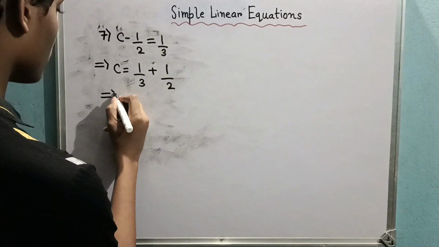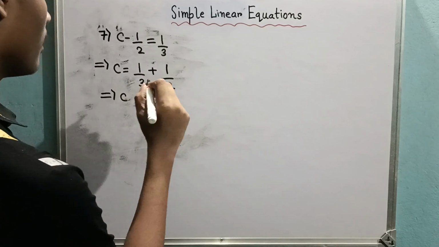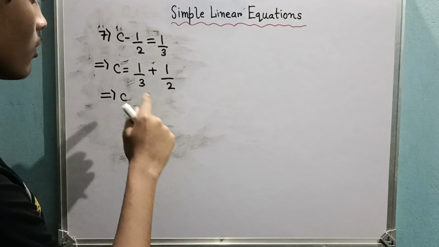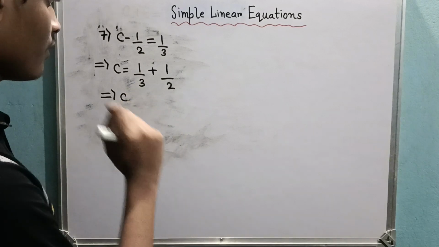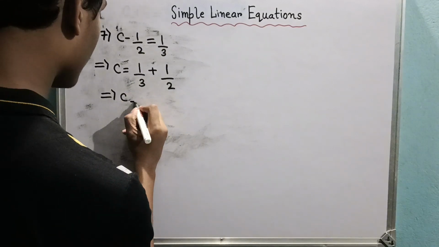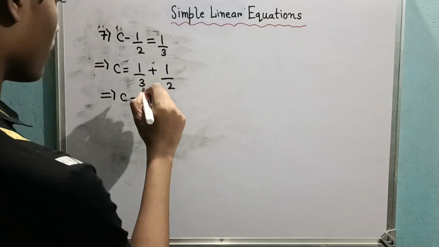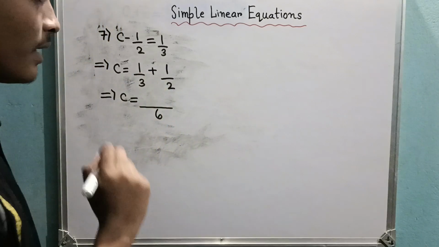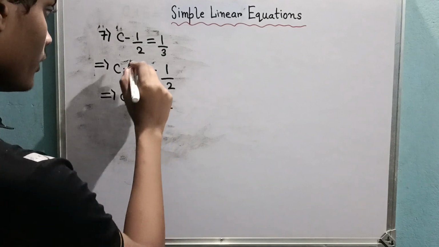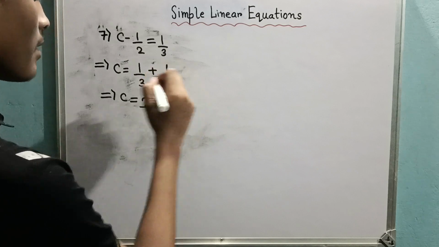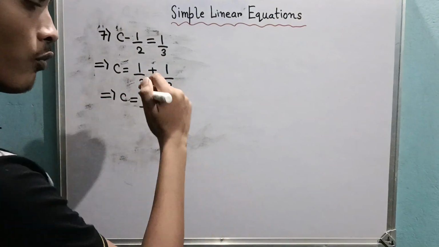So now let's take the LCM. The lowest common multiple of 3 and 2 is 6. So if I take the denominator as 6, 6 divided by 3 is 2, and 2 into 1 will be equal to 2, plus 6 divided by 2 is 3, into 1 is equal to 3.